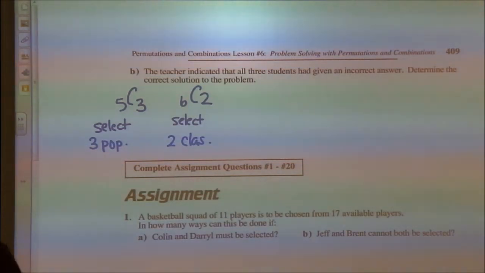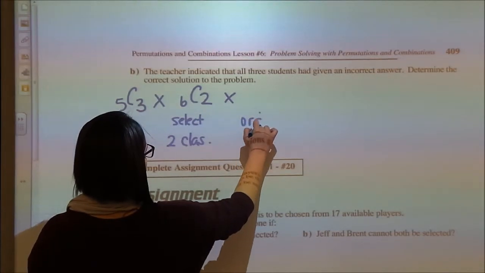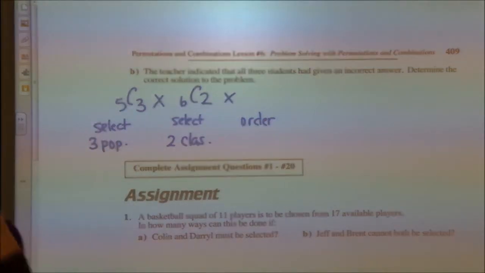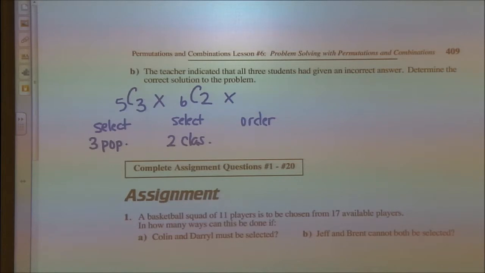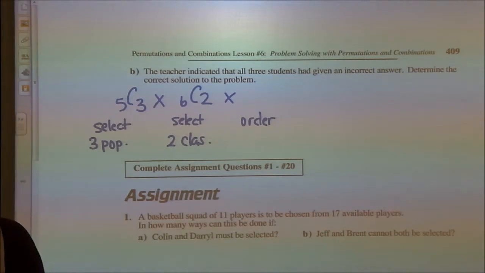Then I'm going to arrange the order, because it's that order that is important. So how many songs am I playing? 5. So how many choices do I have for the first song? I have 5 songs, 5 choices.